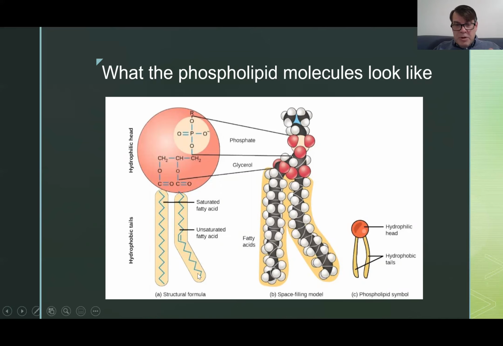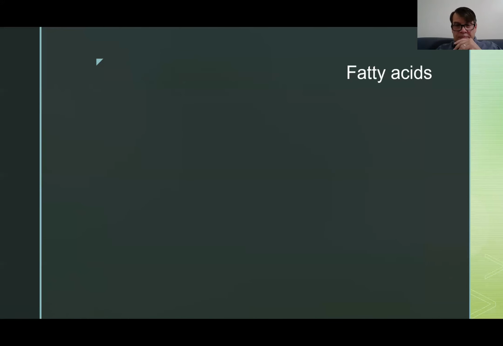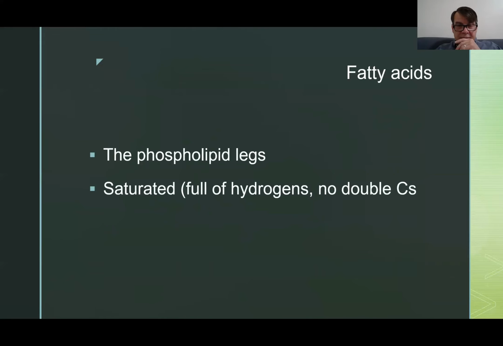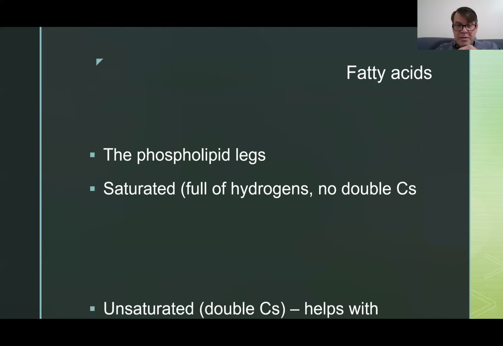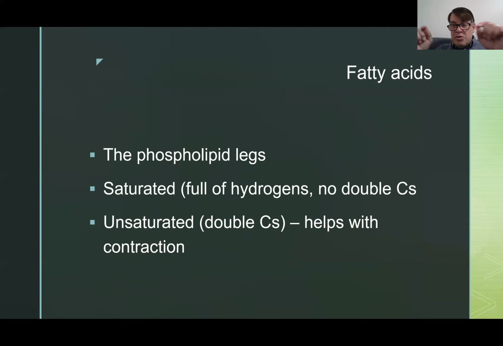So the unsaturated leg, because it's angled a little bit, it's not only more attractive and seductive, look at that leg there, but also when cold makes it contract, these keep the cell from rupturing. It gives, again, more sturdiness to it. So phospholipid legs, the lipid part: if they're saturated, they're straight. And if they're unsaturated, that means there are some carbon double bonds in there and fewer hydrogens.